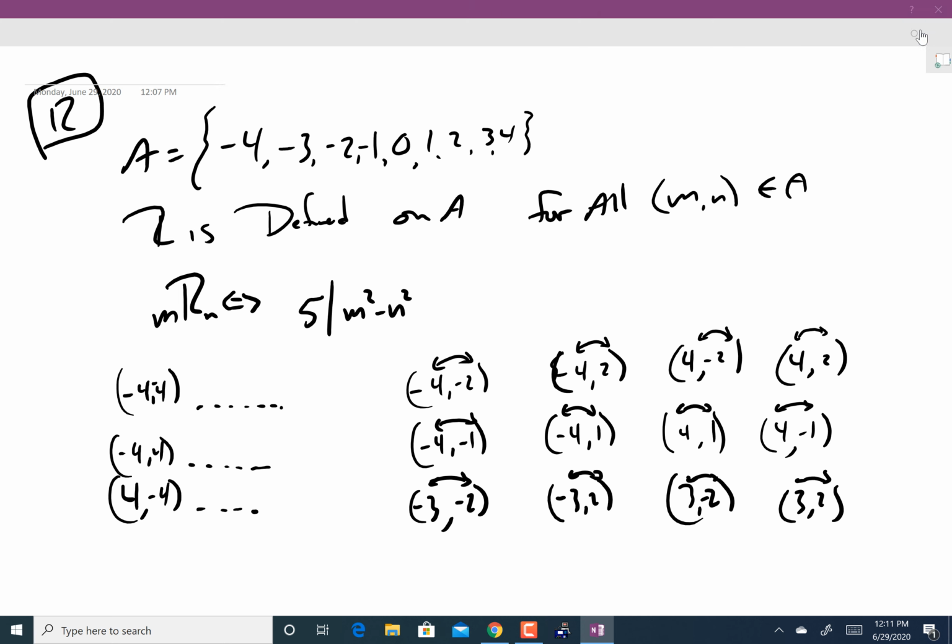Now, I want to do this one here because this one's kind of fun. If you had 1, 2, 3, 4, 5, sure. Actually, let's change those out. Make them bigger. Make it more interesting. Cool.